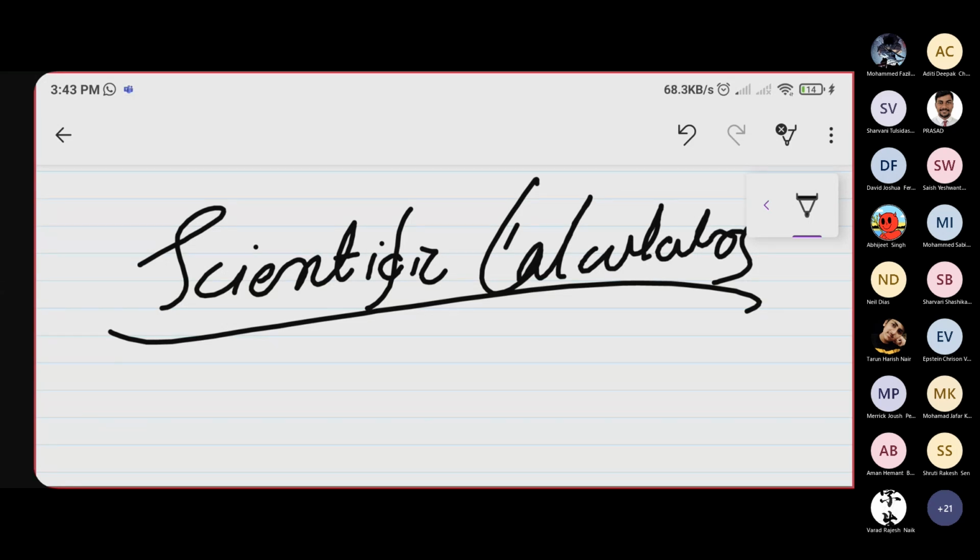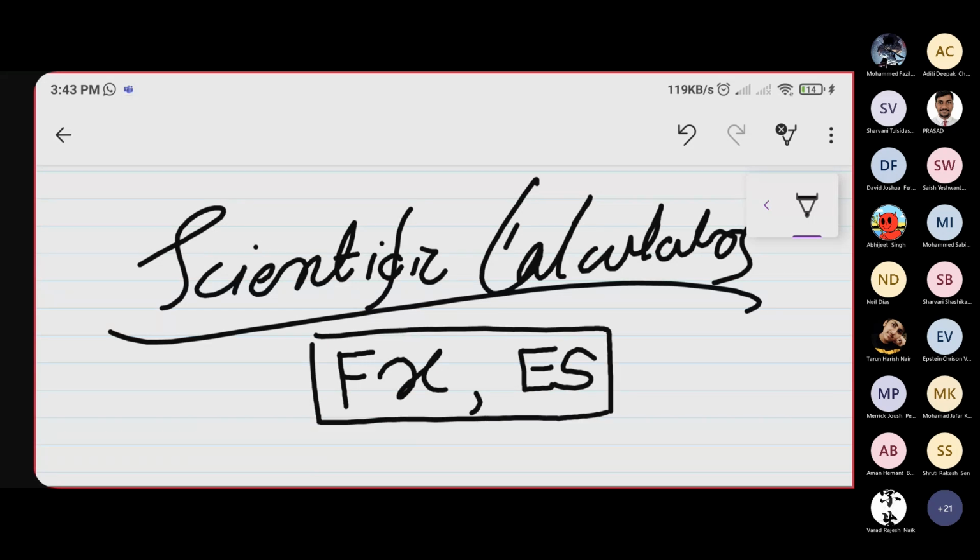Casio company comes with numerous calculators. Now they have come up with a new FX series. So an FX or ES series calculator you can buy.